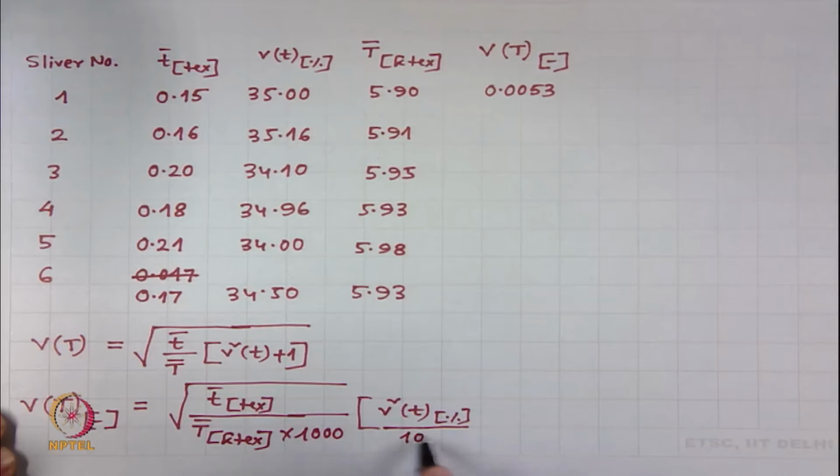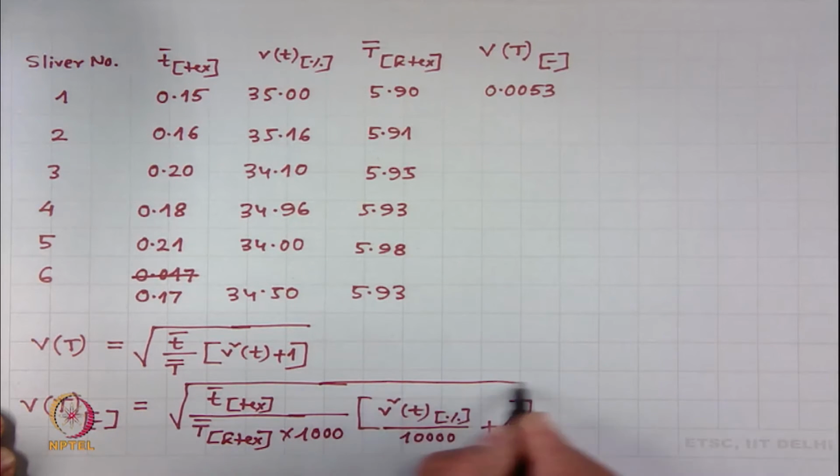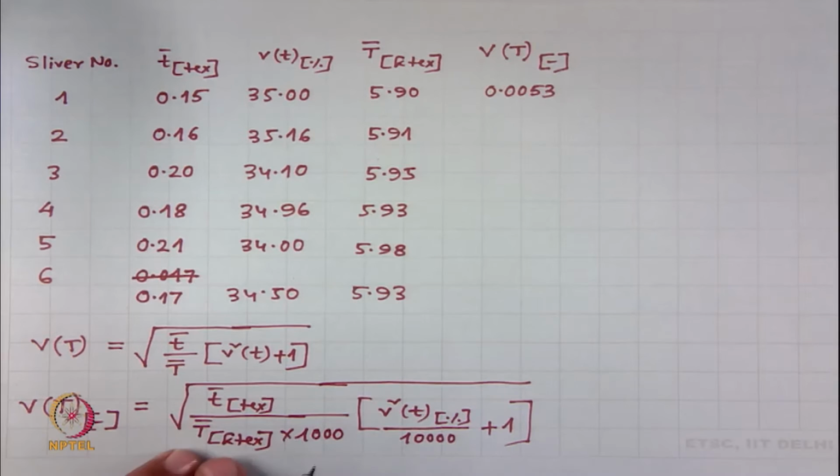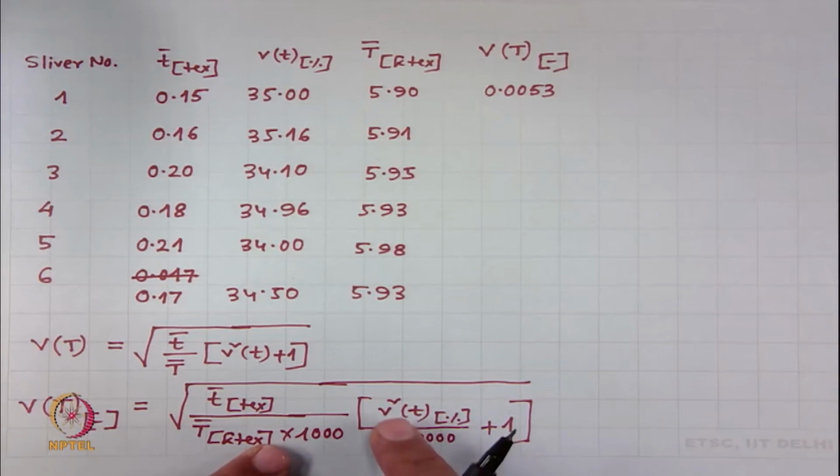So, it is a square quantity, after square plus 1. So, the first reading I will tell you: 0.15 divided by 5.90 into 1000 into 35 square divided by 10,000 plus 1, this will lead to 0.0053.